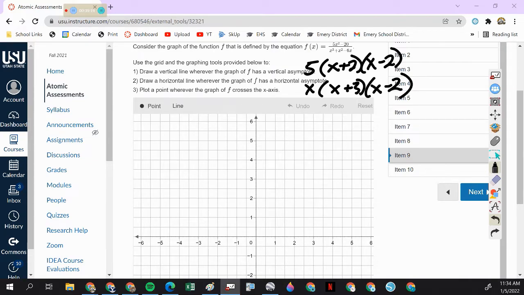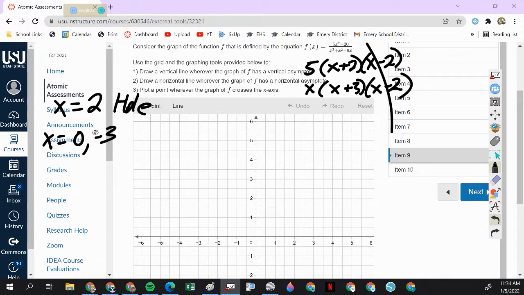All right, what do you know about the graph? At x equals 2, there is a hole. Okay? At x equals 0 and negative 3, we have vertical asymptotes.